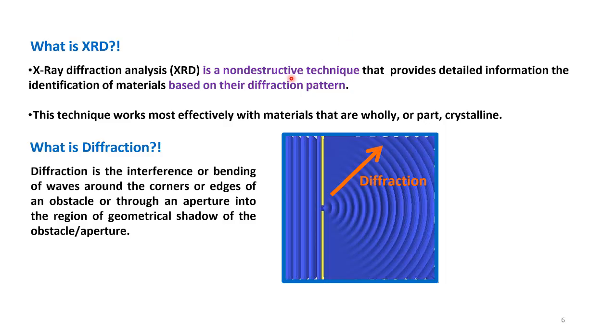Then what is diffraction? Diffraction is nothing but the interference or bending of waves. Light travels in a straight line, you know that. But because of constructive interference, it will give us a shape like this when it is passed through a small slit, a very small aperture.